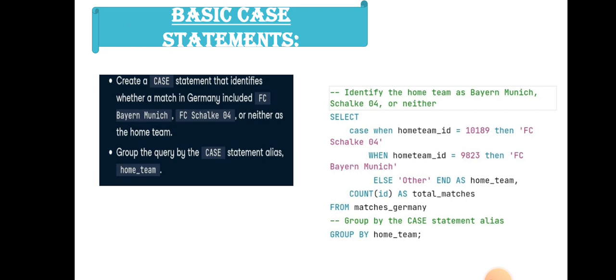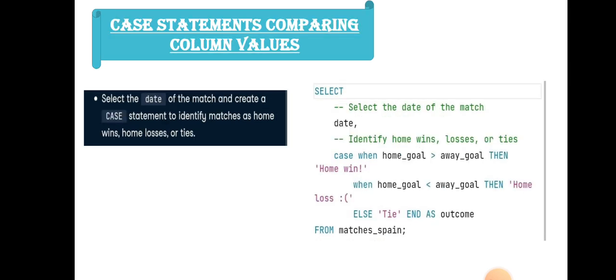So for example, case when home team ID is equal to 10189, then FC Schalke 04, when home team ID is equal to 9823, then FC Bayern Munich, else other, and as home team, count ID as total matches from matches Germany, group by home team.